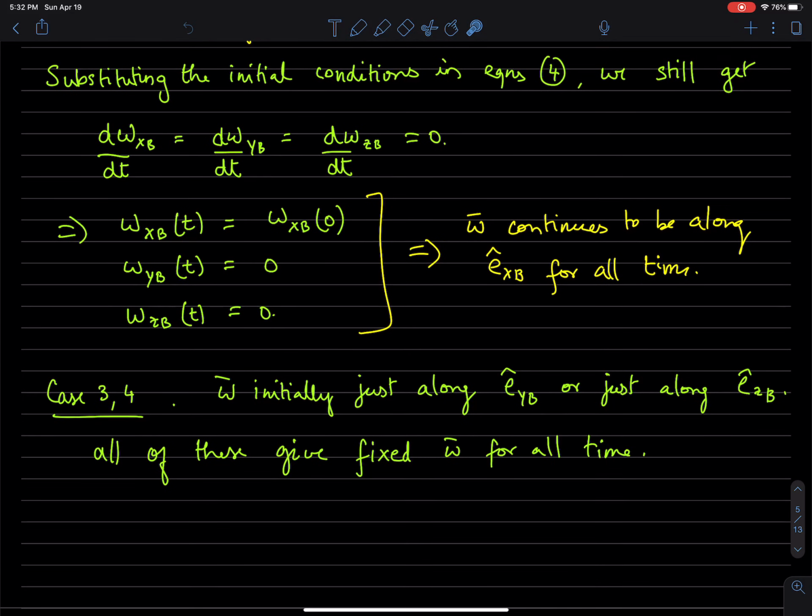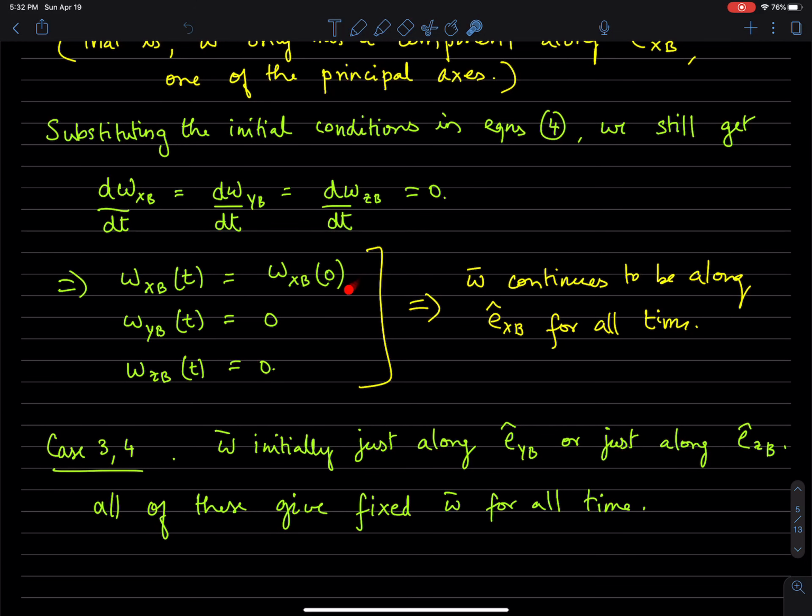In other words, if you have an initial condition like this, omega xb not equal to zero, but omega yb and omega zb equal to zero, then it remains the same for all time. Omega xb of t remains whatever it started out with, and yb and zb also remain whatever they started out with, which is basically zero.